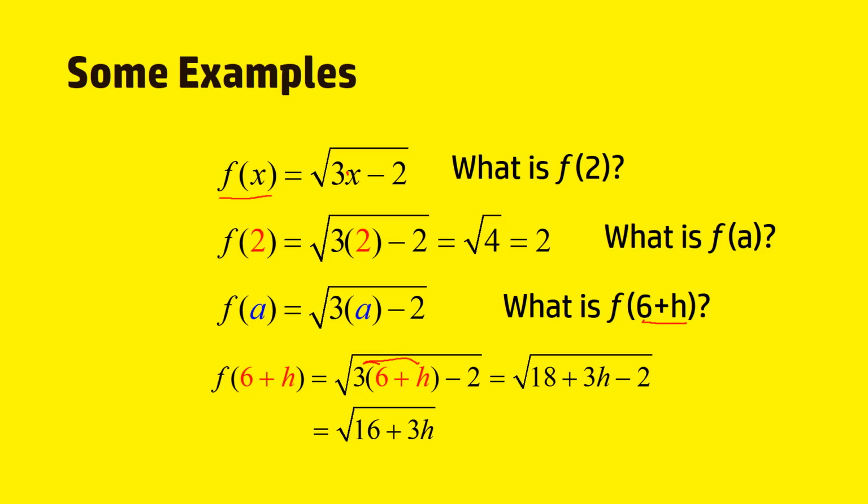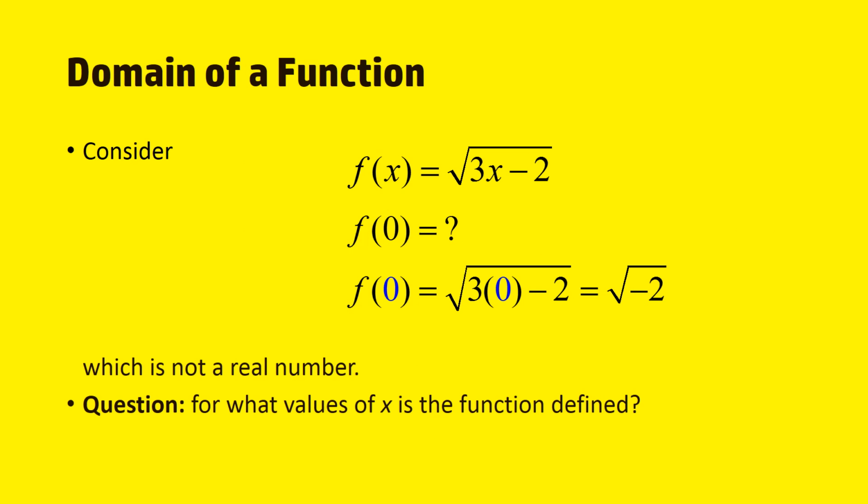But then these two things here can and should be combined to make 16. This one is not going to be like the other two things. So 16 plus 3h, it is not 19h, so it's the square root of 16 plus 3h, and that's f of 6 plus h. We were given the 3x minus 2, that is the radicand.